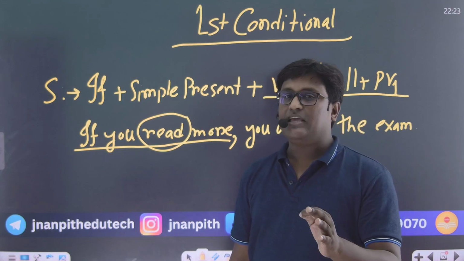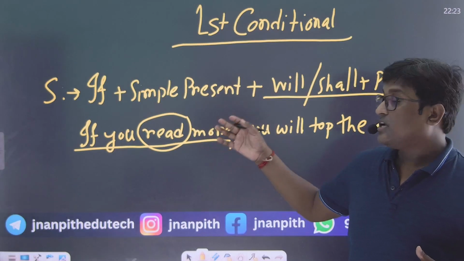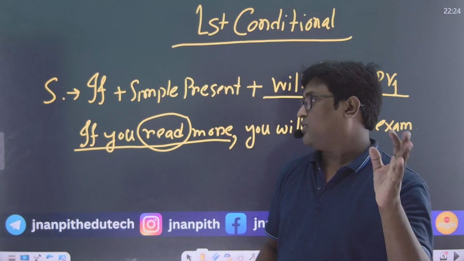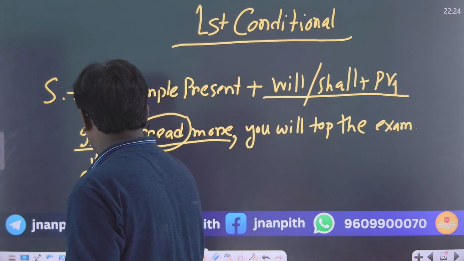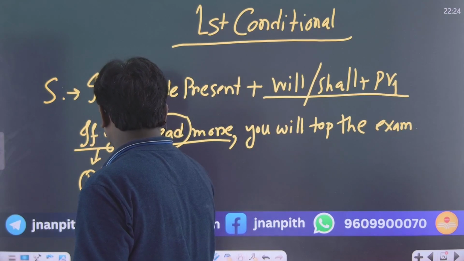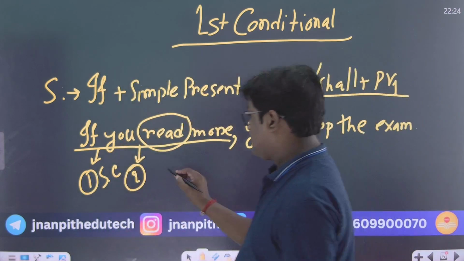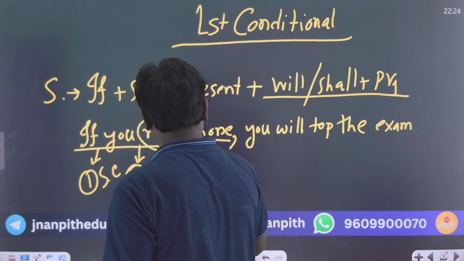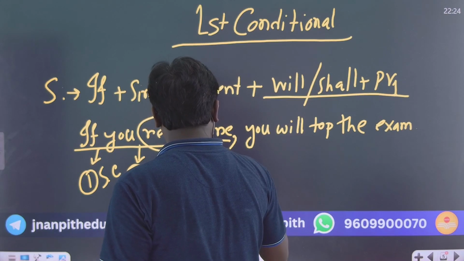Each and every if clause, wherever you read such types of sentences, will be a subordinate clause. If clause: subordinate clause, number 1. Number 2, the if clause denotes a condition. Number 3, simple present tense.